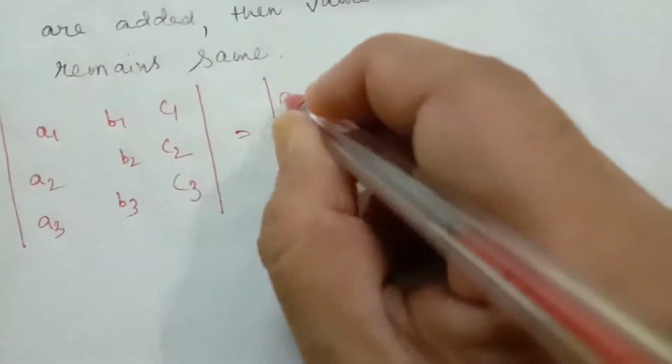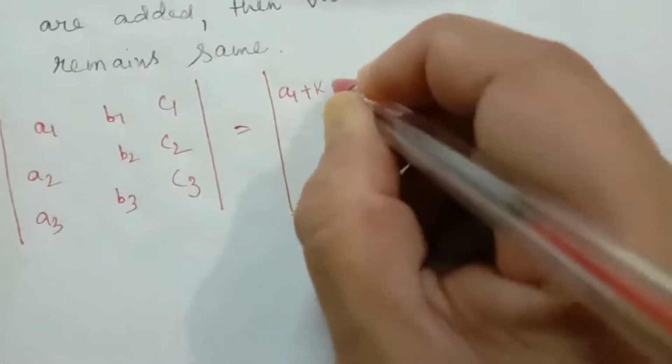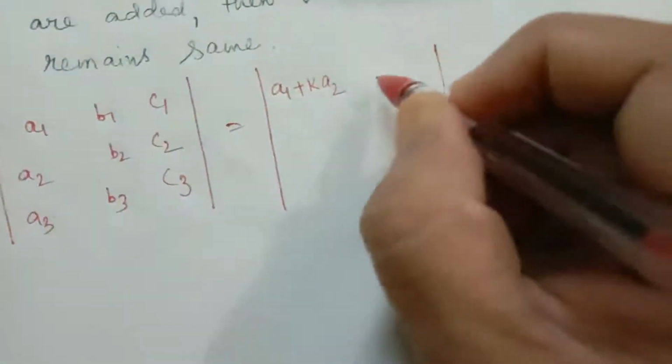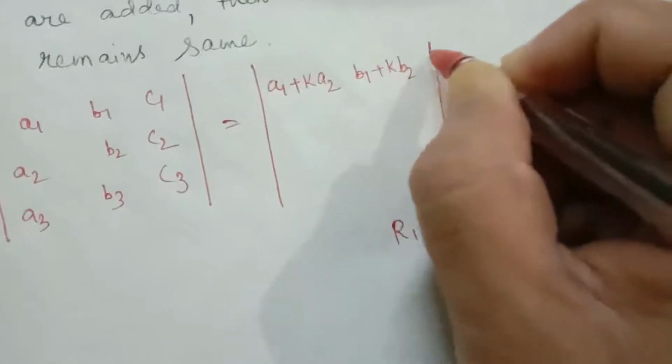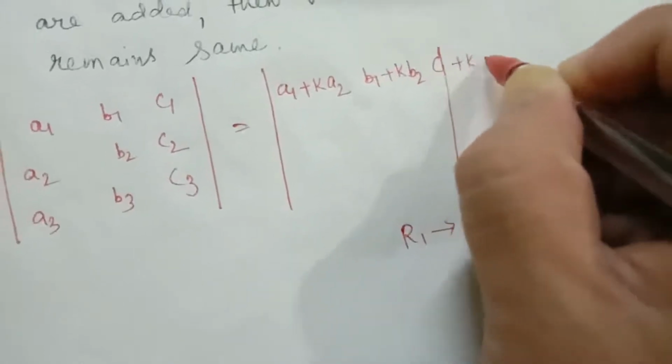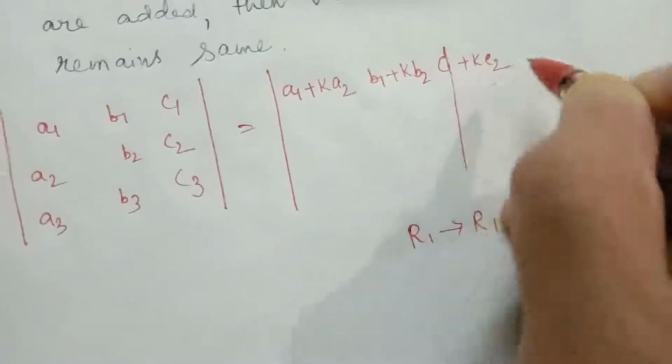So a1 plus k a2, b1 plus k b2, c1 plus k c2.